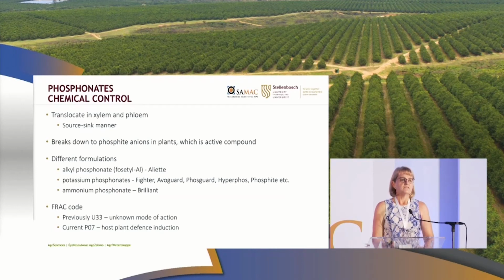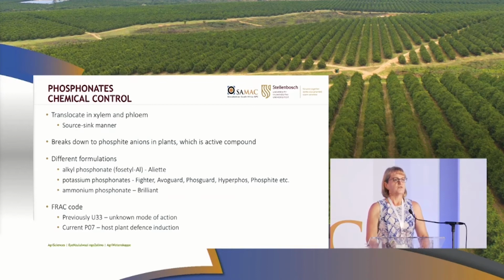So moving on to phosphonates. This is, I think, a very unique group of fungicides that we have had for more than 30 years. There's no report of resistance development yet, and it's very unique that it moves up and down in the tree. There are various formulations available in South Africa. I think the potassium phosphonate is the most familiar and has the most product names.